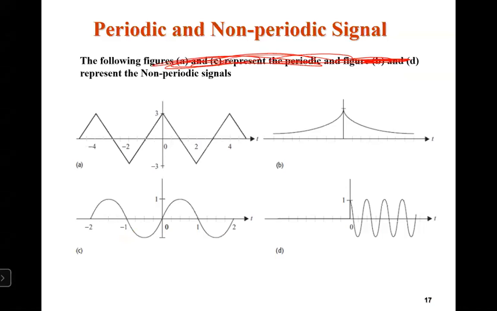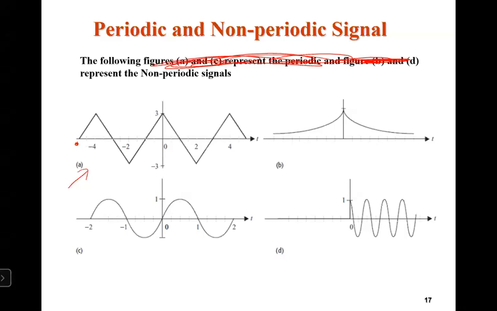We'll start with figure A. Is it satisfying both conditions? Is it lasting from minus infinity to infinity? Yes. Here a little bit of the portion is shown, but since nothing is drawn beyond, it indicates it is there from minus infinity to infinity.